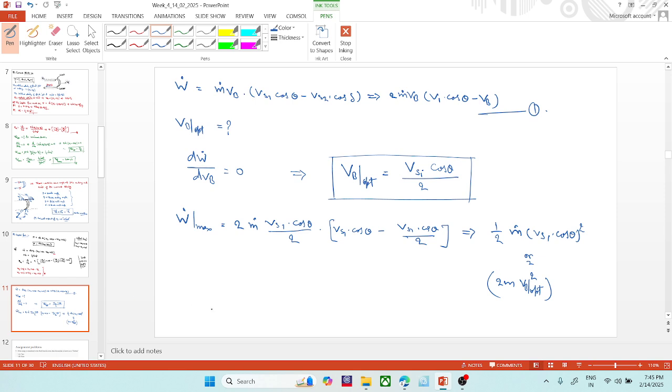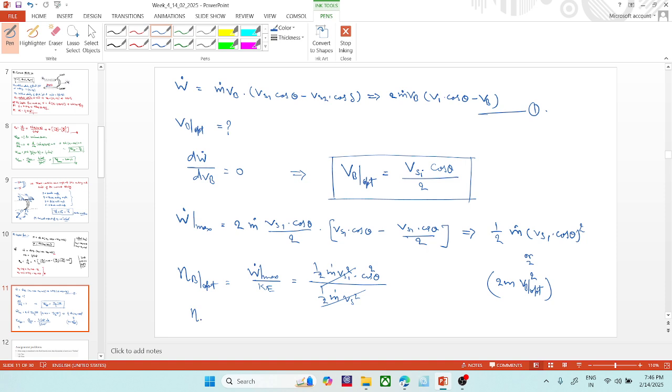Okay, and for that the optimum blade efficiency would be W dot max by KE, so it would be half m dot Vs1 square cos square theta divided by half m dot Vs1 square. This thing would be cancelled.